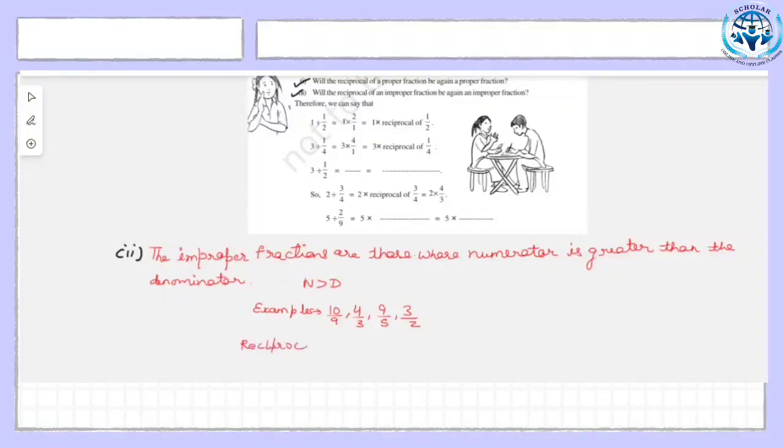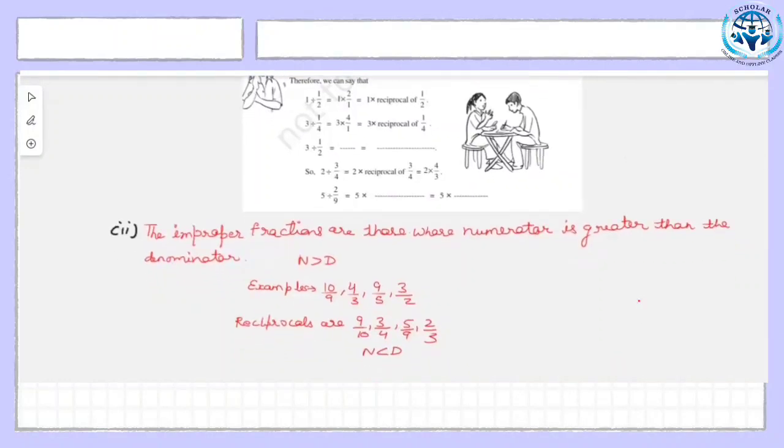Reciprocals are 9 by 10, 3 by 4, 5 by 9 and 2 by 3. What can you observe? Yes, the numerator is less than the denominator.